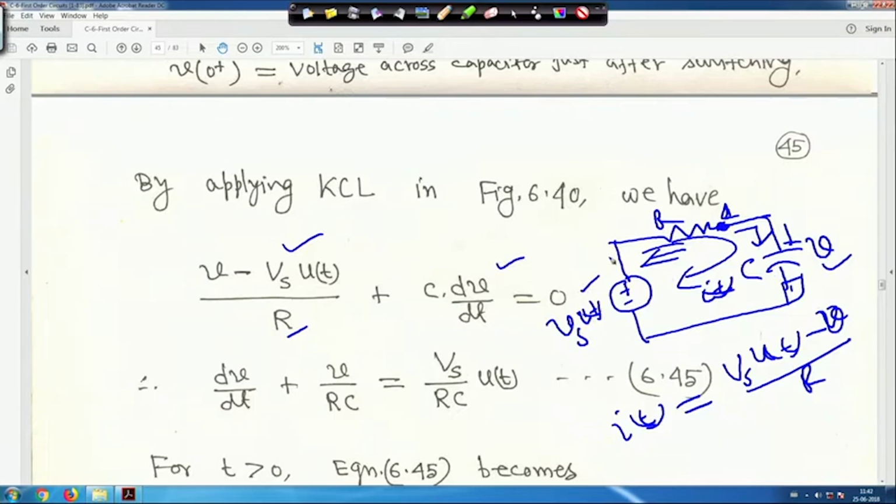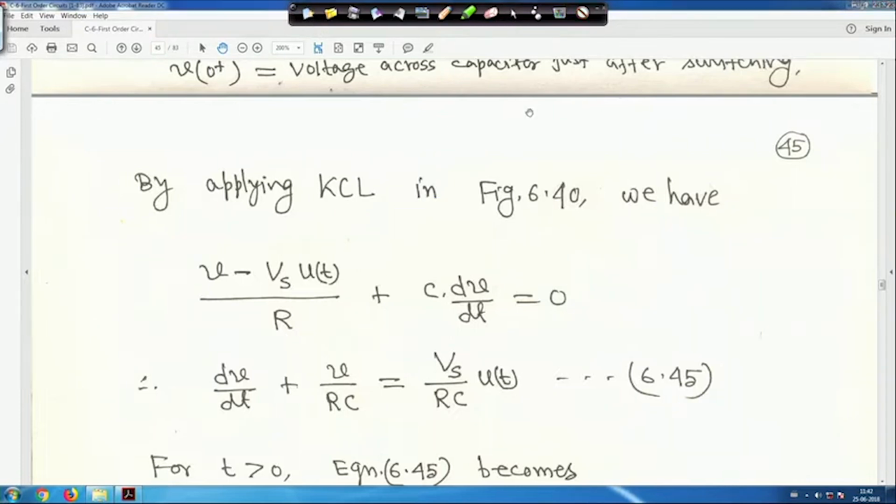Now, as soon as the switch is closed, for t greater than 0, u(t) is equal to 1. That is why u(t) is written here, but we will come to that.